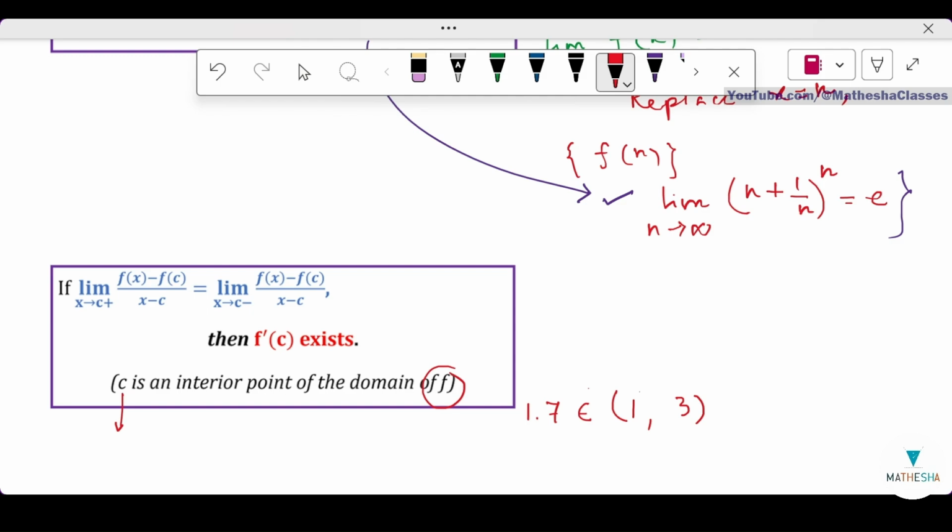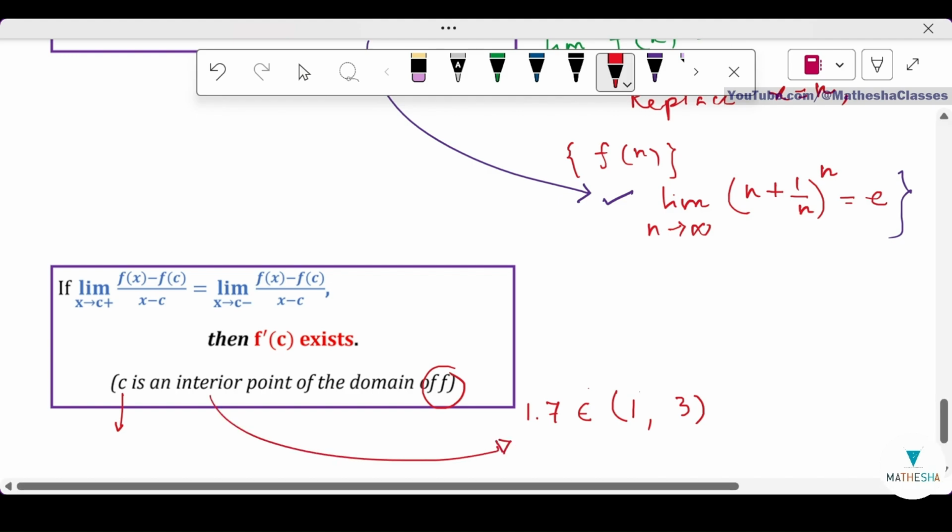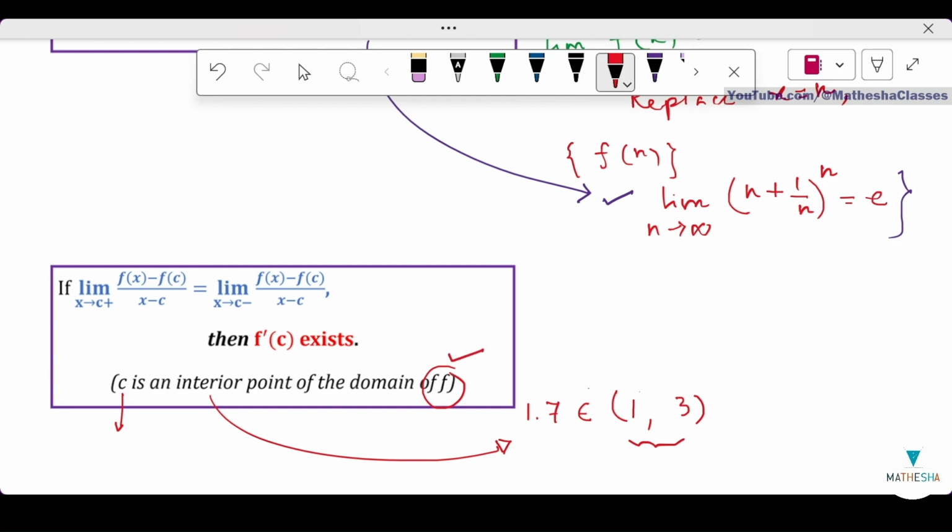So this 1.7 is definitely an interior point of that (1, 3). So ऐसे f फंक्शन का जो डोमेन है उसका एक इंटीरियर पॉइंट है c.